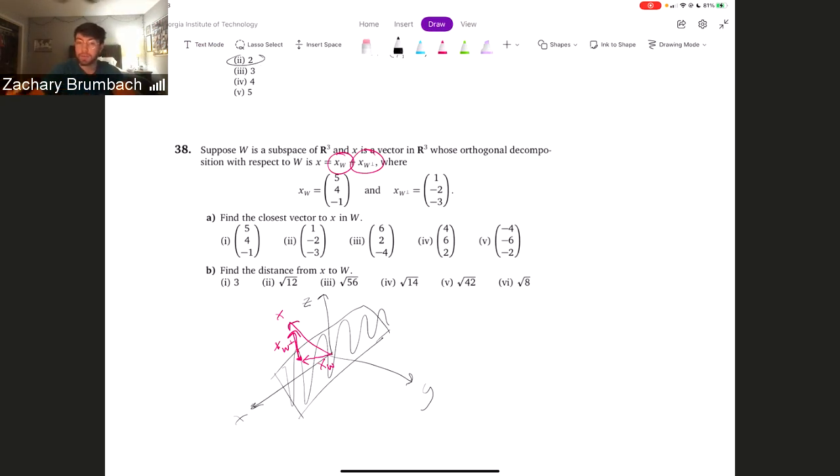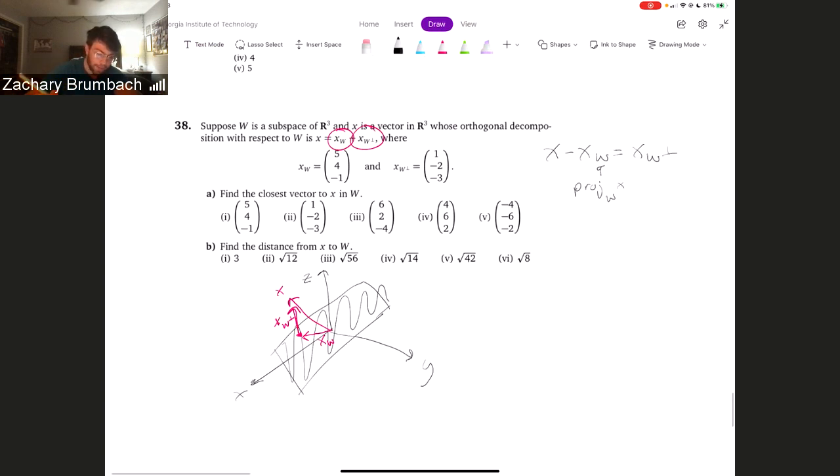And another thing to note, if they ever ask you for the orthogonal part, you just take x and subtract xw. That is found through the multitude of ways that I think we've talked about, like U transpose, or the magnitude squared, or if you're doing your big matrix, that's the same thing. If you're doing least squares, that's the same thing as well.